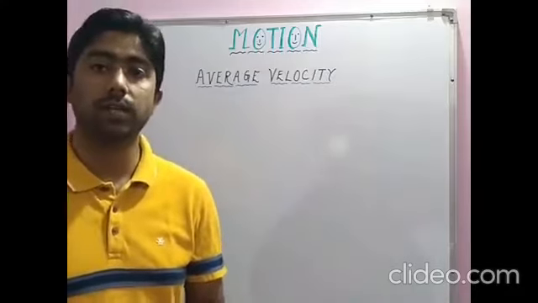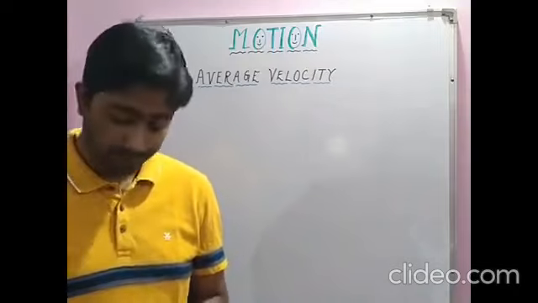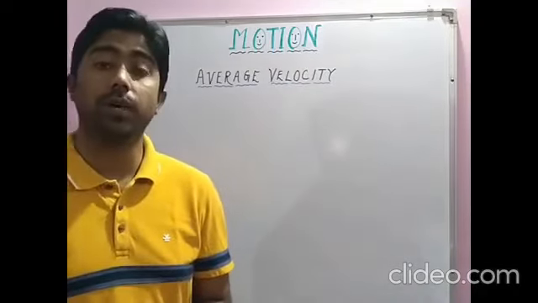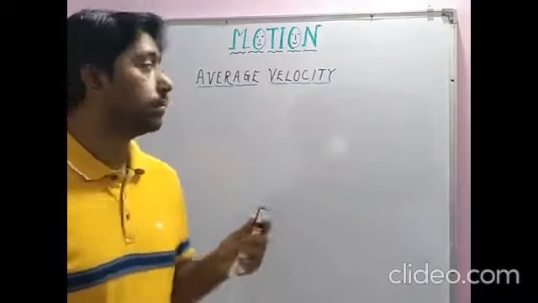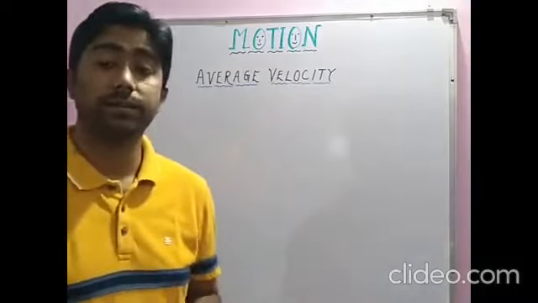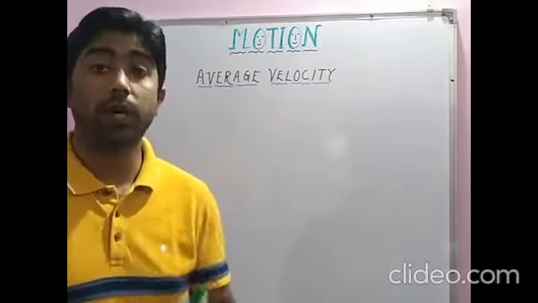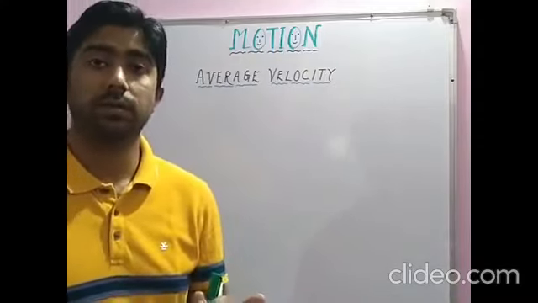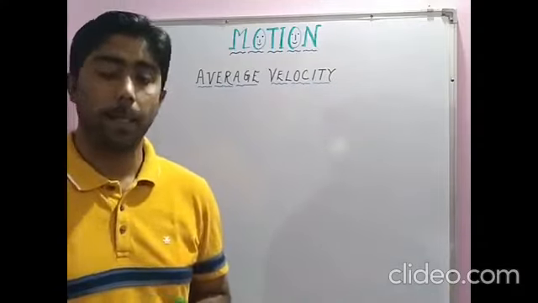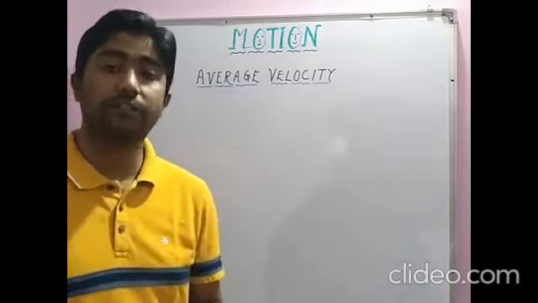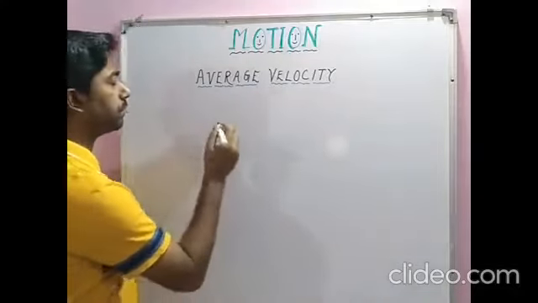Since it is a variable quantity, if we want to understand the rate of motion of a body with direction, then we go for average velocity. Now what is average velocity?